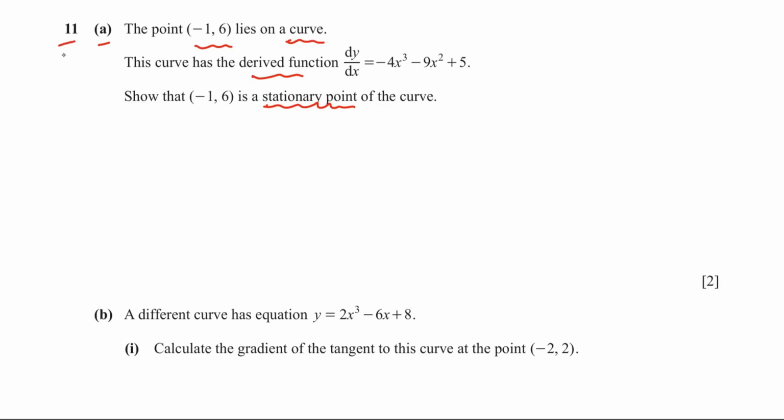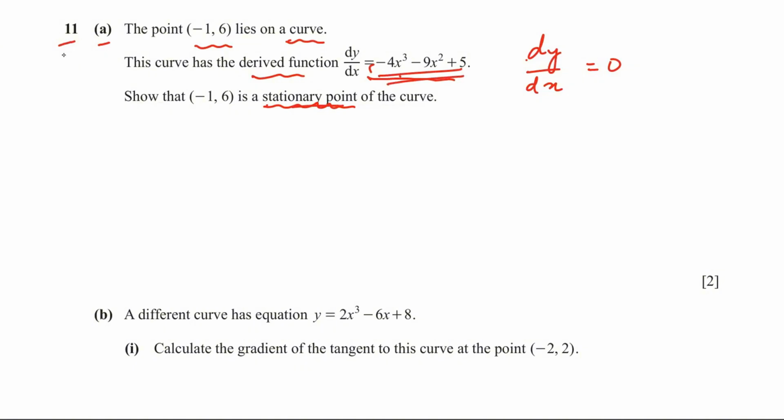Now, a stationary point is where the derivative of a function is equal to 0. So they have already derived this function over here. Let me just write dy over dx for any stationary point is equal to 0.